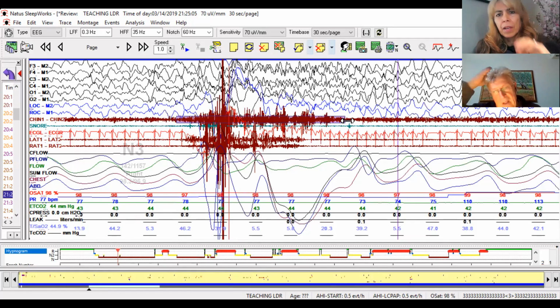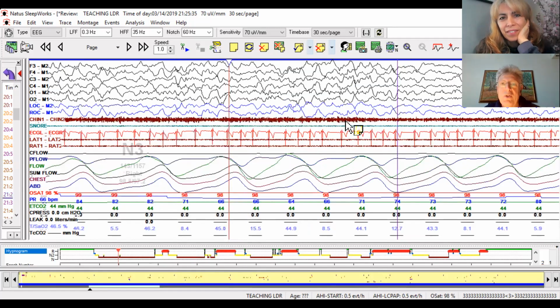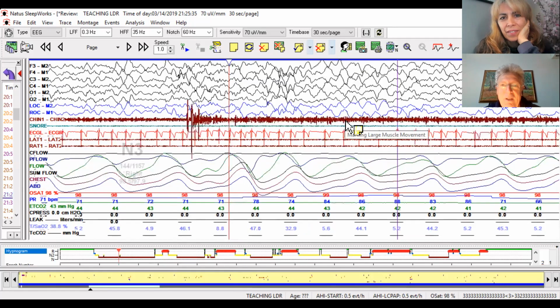Perfect. So this of course is a movement because it is more than 3 seconds. Okay. Let's comment on this elevation. Yeah, here, as you can see, you see only activity on the chin EMG.